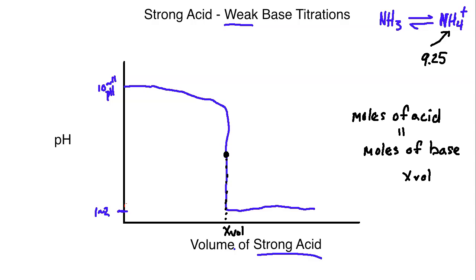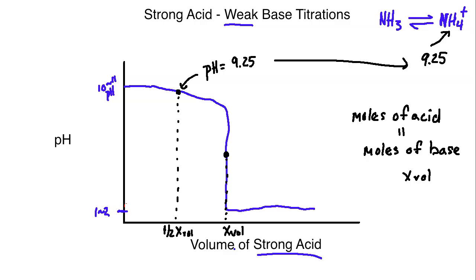So if we were to come up here, and this is an approximation, but if we found the volume that was half of the equivalence volume, so this volume right here is going to be 1/2 X volume, this point, in terms of its pH right here, would be a pH equal to 9.25. And that's the pKa of the ammonium.